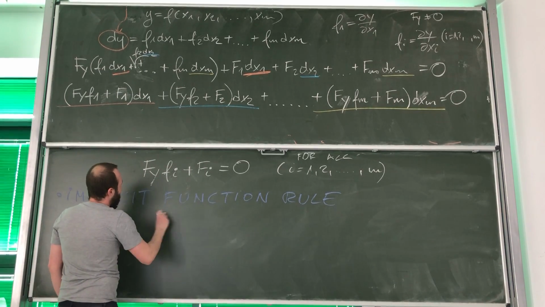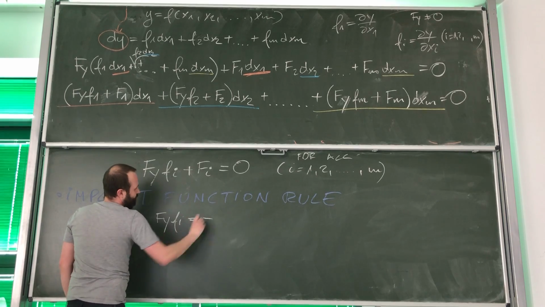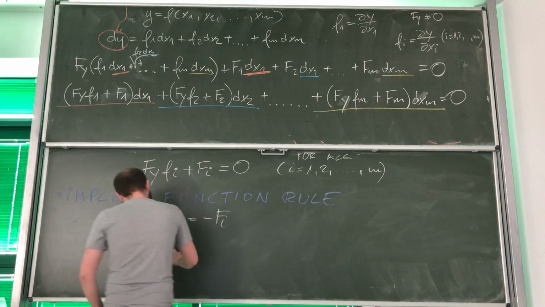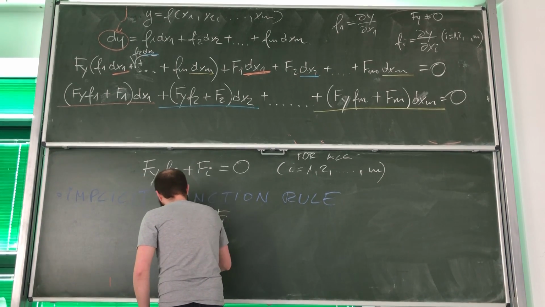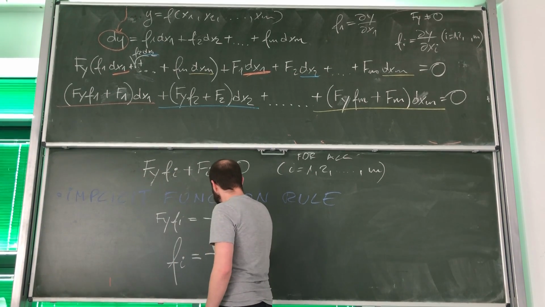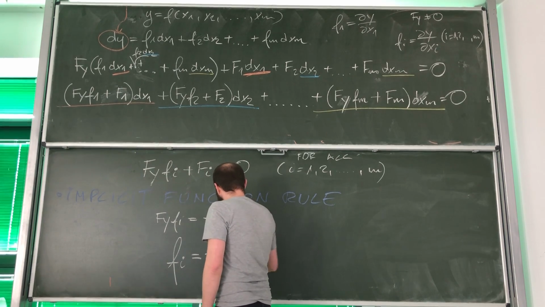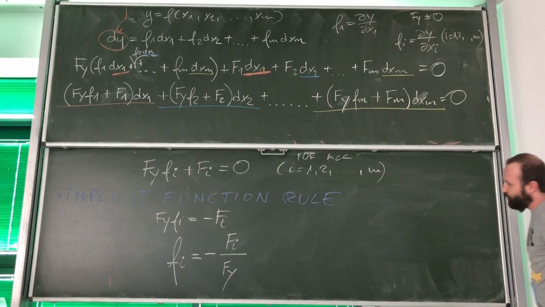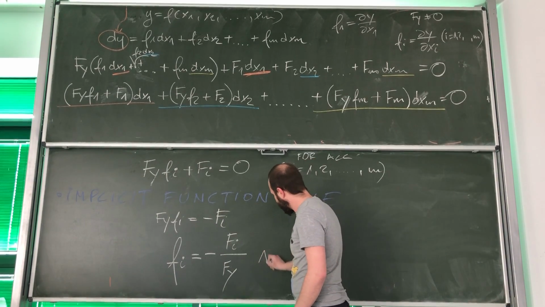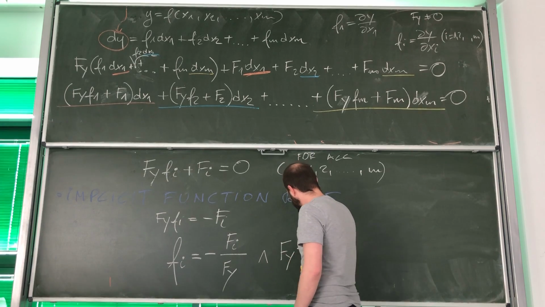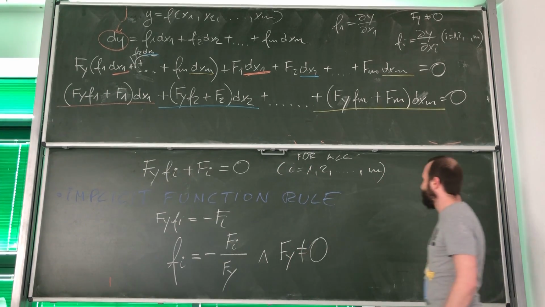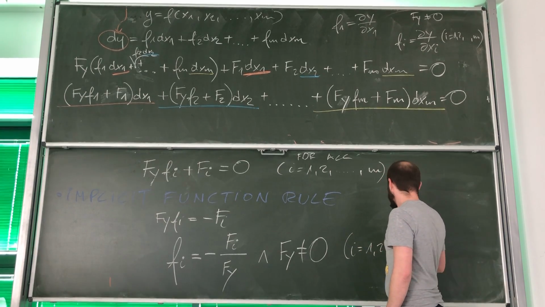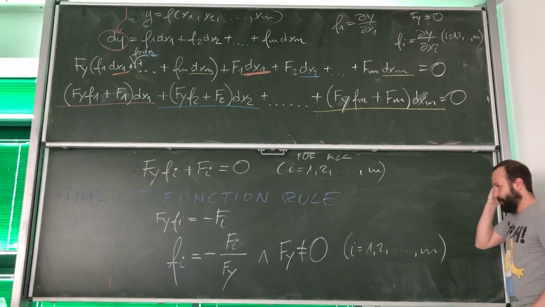So we get that fi is equal to negative Fi over Fy, and I hope you can see that, of course, Fy must be different than 0, and this is for i equal to 1, 2 until n.